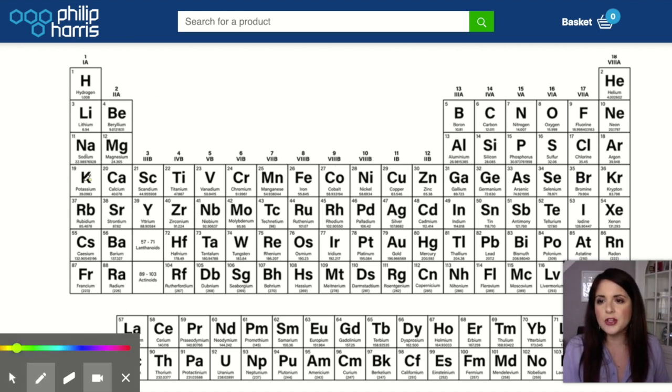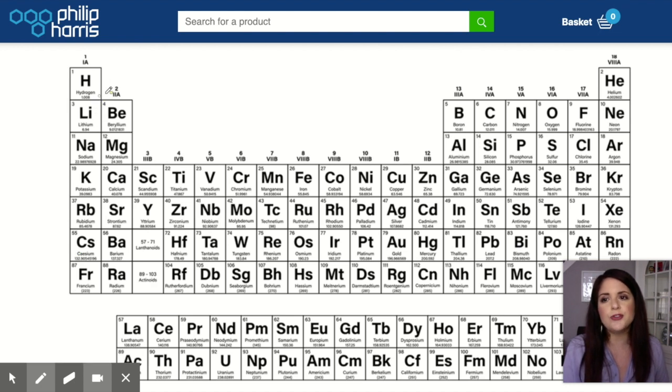Hydrogen and the rest of the alkali metals, well, hydrogen technically is not an alkali metal, so hydrogen and the alkali metals, all in group 1, in a binary compound, which means it has just two elements that make it up, a metal and a non-metal, will all have a charge of positive 1. No exceptions to that rule. There's reasons why they all have a positive 1 charge, but we're not going to go into that right now.